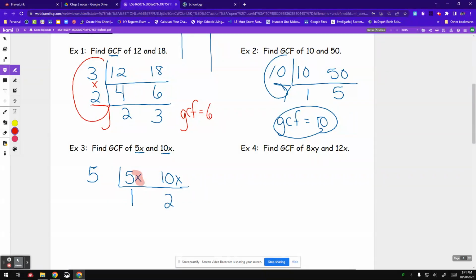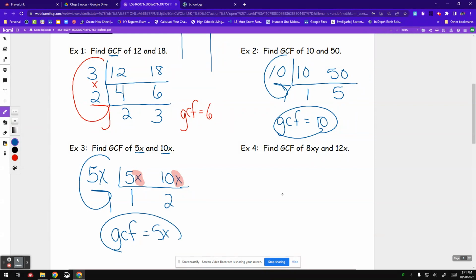Do they share a variable? They do. What did I do with the number factor that they shared? I pulled it over here to the side. So if they share a variable, I'm going to pull that off to the side, and my GCF is on the side. GCF is 5x. They both can use 5x as a factor.